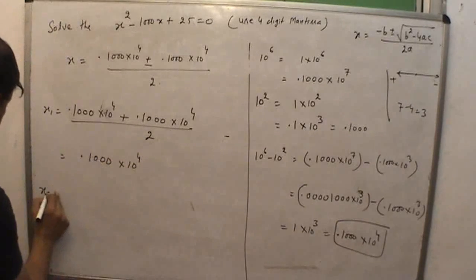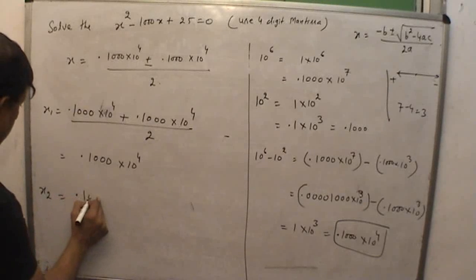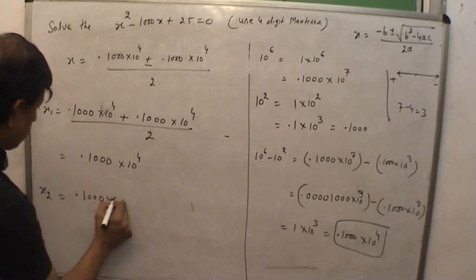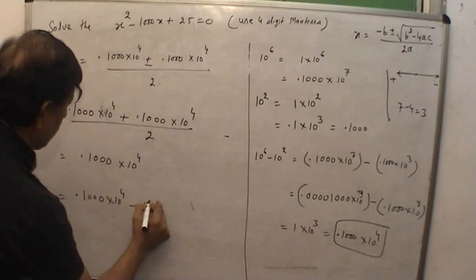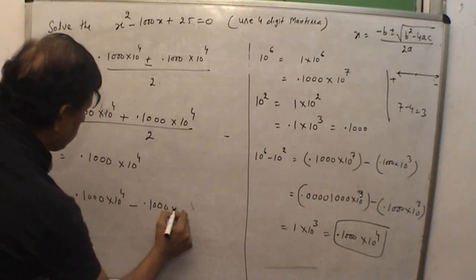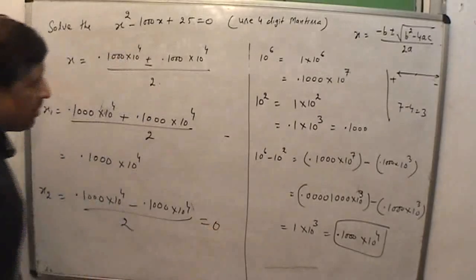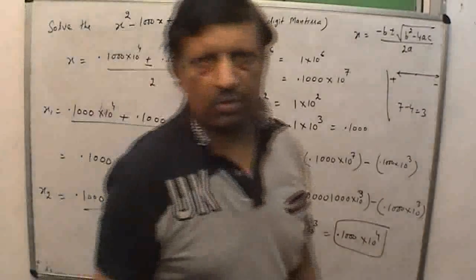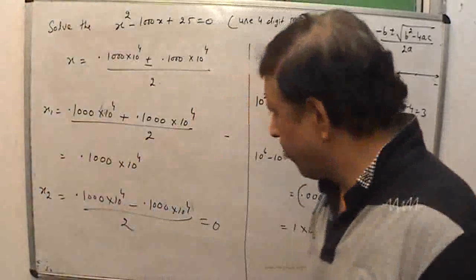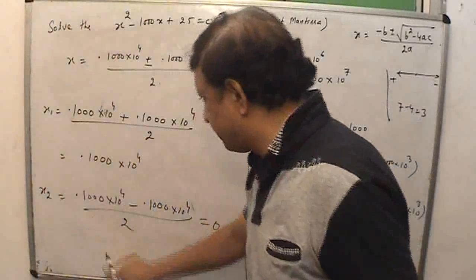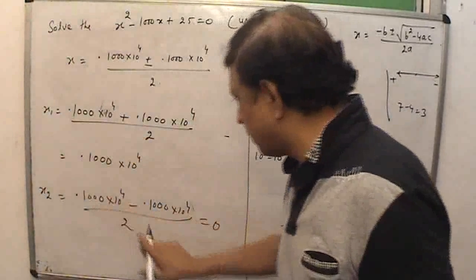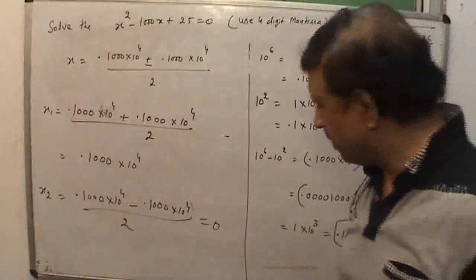If we consider the second root, that is 0.1000 into 10 raised to the power 4 minus 0.1000 into 10 raised to the power 4, divided by 2, that is equal to 0. But that is not the answer. Why has the 0 been created? It is the subtractive cancellation, because both figures are too close, so they produce the 0.